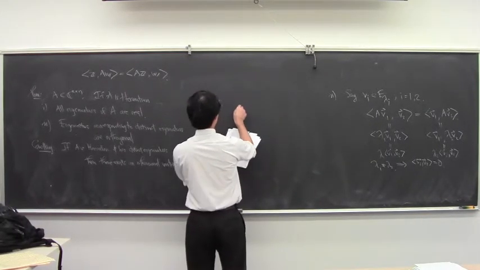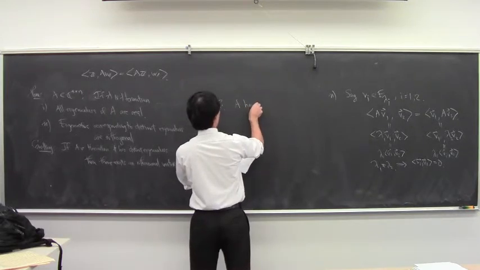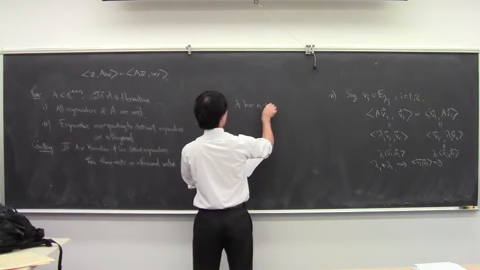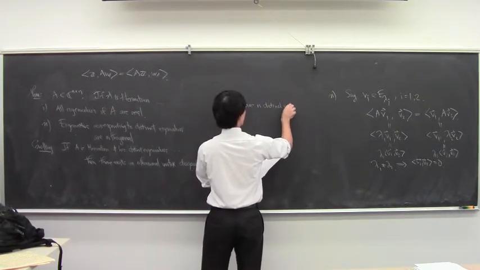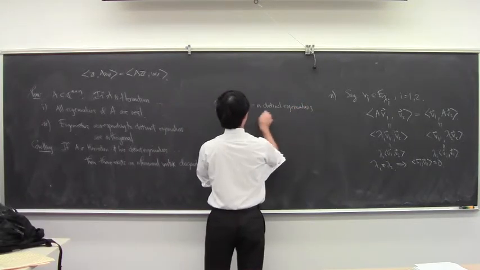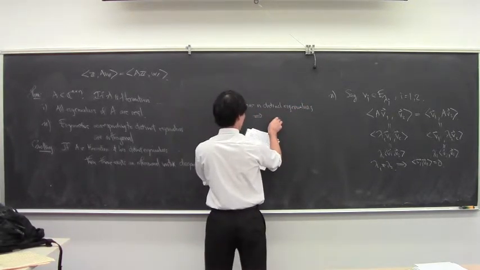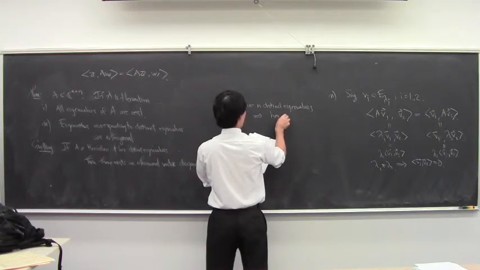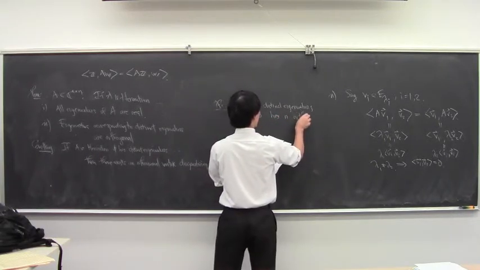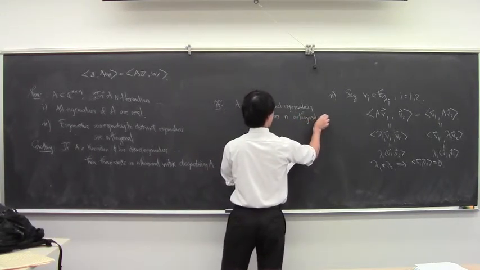You say, well, look, A has n distinct eigenvalues. That means it has n orthogonal eigenvectors.